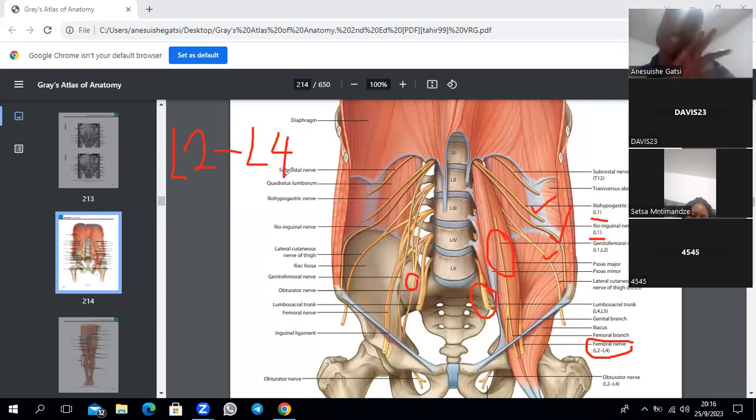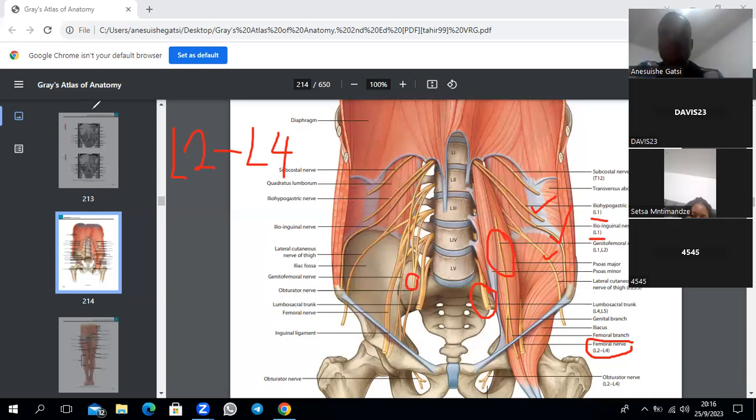The ventral divisions of L2, L3, L4, they join to form the obturator nerve, right? Then the dorsal divisions of L2, L3, L4, they join to form the femoral nerve. And that's how you end up saying they are both L2, L3, and L4, right?